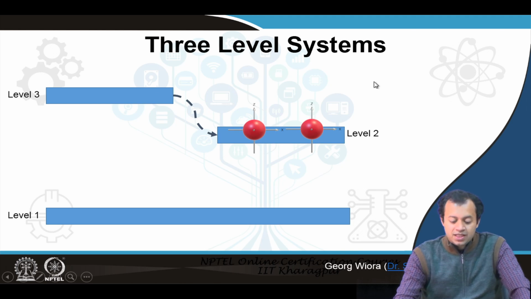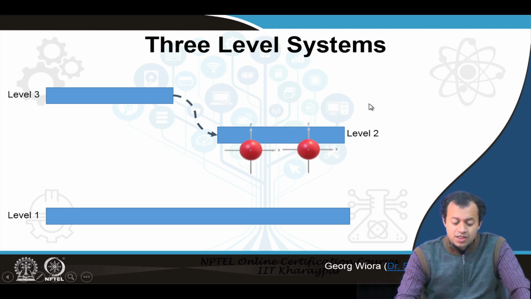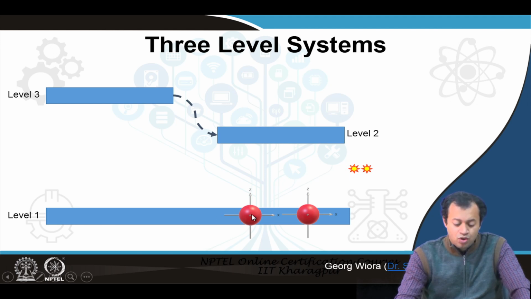It goes to level 2, where it can survive for a longer period than level 3. Remember, since level 2 is still above level 1, it is still population inversion, and when your photon interacts with this, it returns to the original position, emitting the photon that is from this to this.